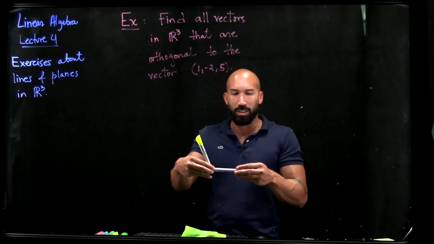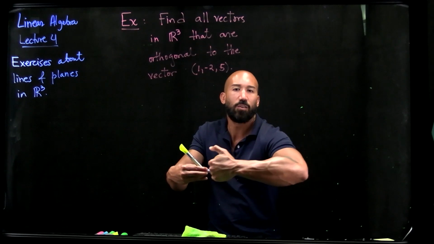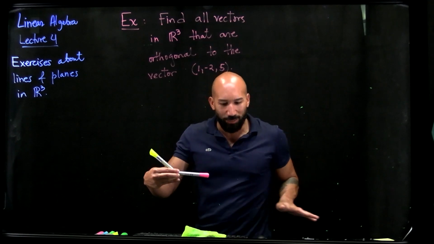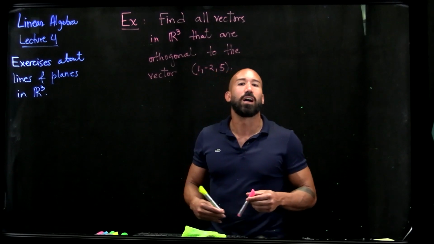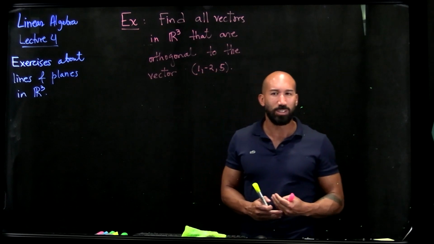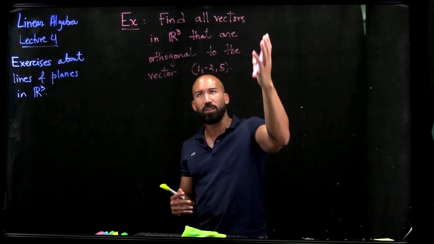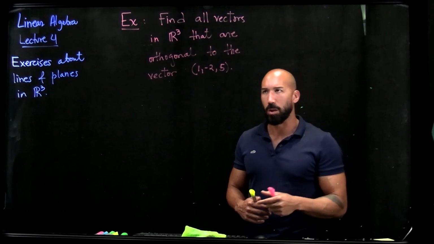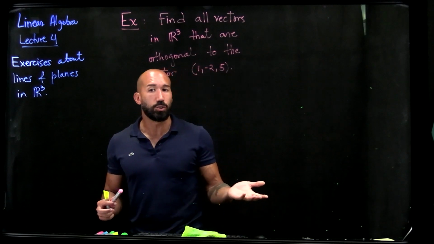I can use any angle to rotate, so if I rotate the line a little bit and get another line, and another, all those infinite lines are going to cover a whole plane. So according to this analysis, the solution to this problem, all vectors in R3 orthogonal to this one, forms a plane. This is a pretty good starting point.